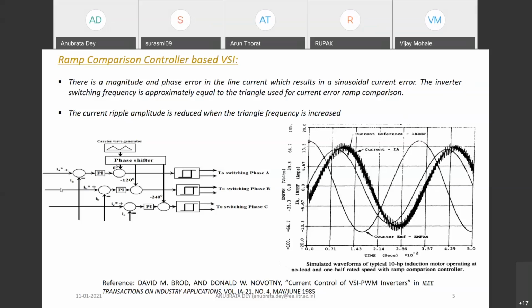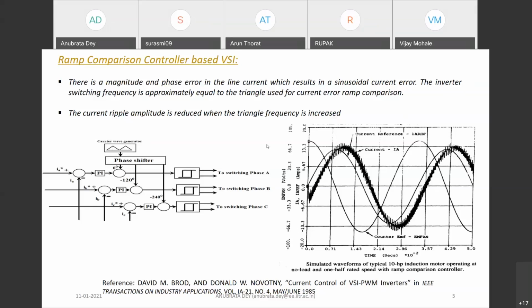For three phases individually you have three different current references, I a star, I b star, and I c star, and that is compared with your actual current, and the error is passed through the PI controller to get an appropriate signal, which is to be compared with your carrier waveform. The carrier waveform is triangular in shape like this, and it has a certain fixed frequency.